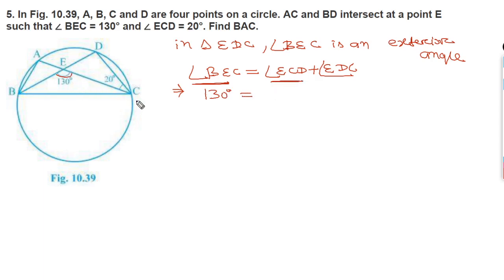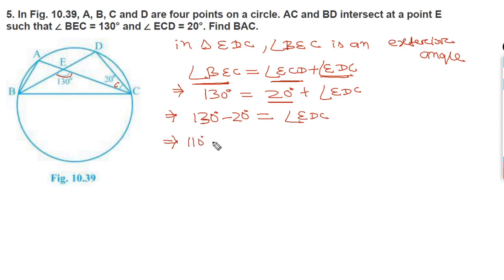Look at the figure, angle ECD is 20 degrees, plus angle EDC, which you don't know. Just bring this 20 degrees to the LHS, so 130 degrees minus 20 degrees is equal to angle EDC. This will be 110 degrees.